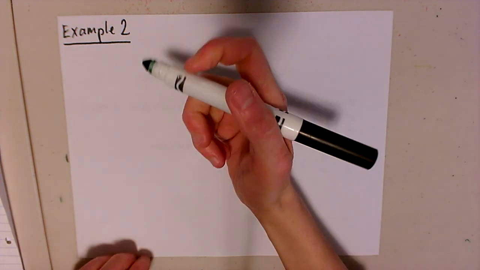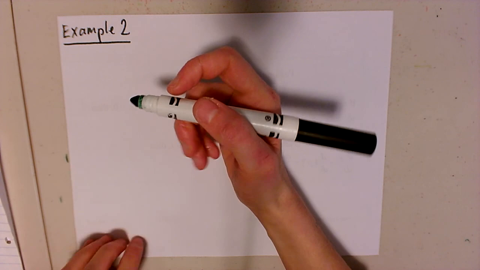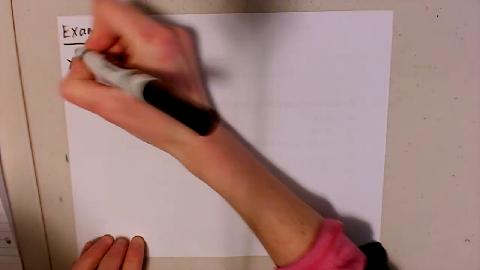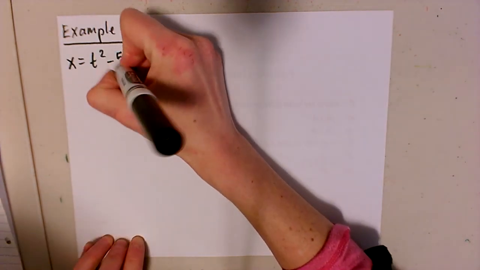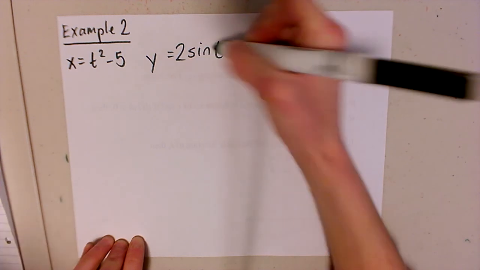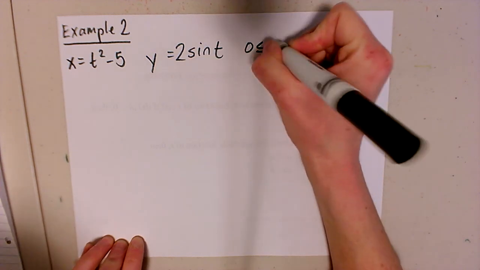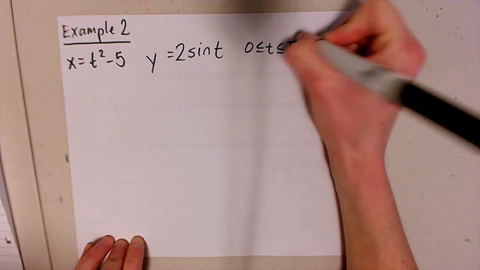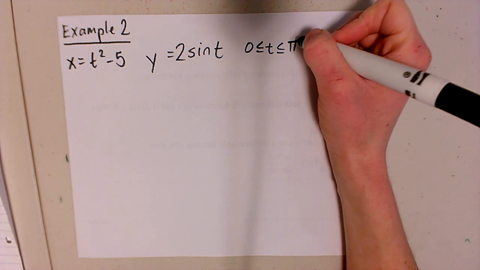So this is example 2. The functions that we're given are x is t squared minus 5 and y is 2 sine t, and we're on the interval from 0 to pi inclusively.